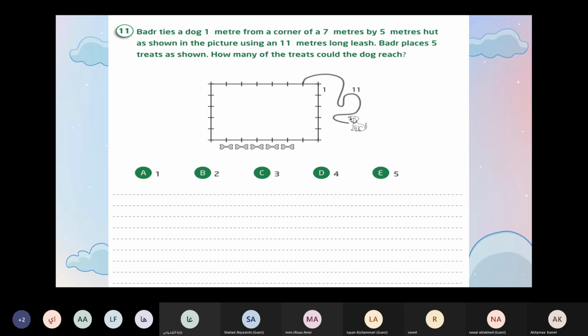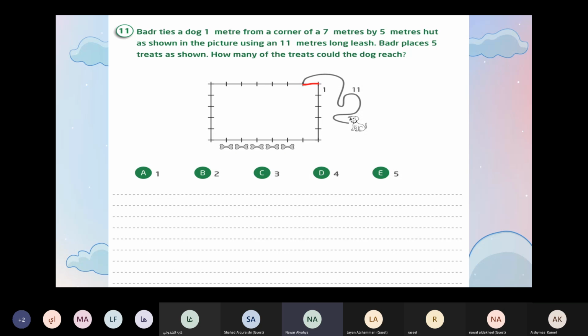Badger ties a dog 1 meter from a corner of a 7 meters by 5 meters hut, as shown in the picture, using an 11 meters long leash.